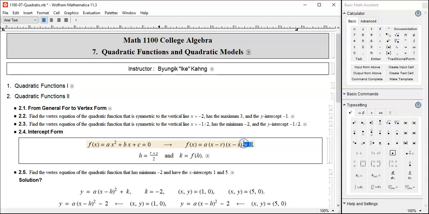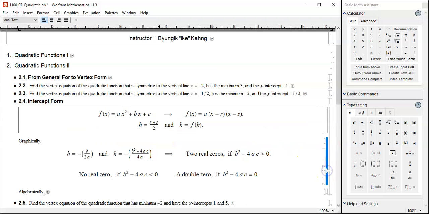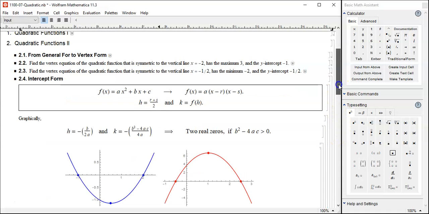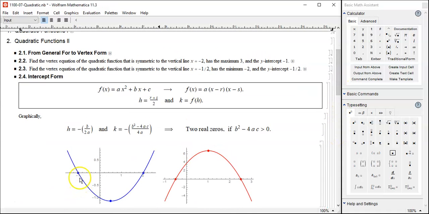If it is not possible to solve it like this, maybe you'll have to use the quadratic formula for r and s in any case. And we have this kind of factorization. Here are some visualizations associated to that. You see, we have r and s, and that's related to this form.